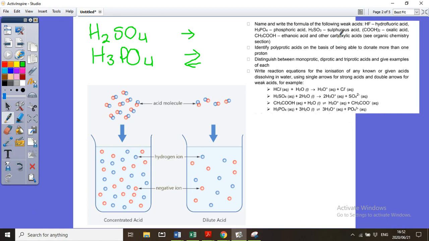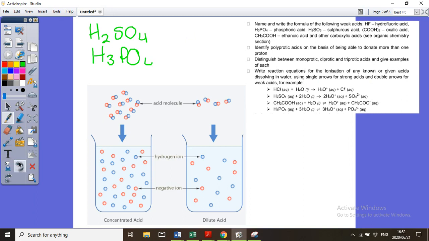They might give you an acid that you've never seen and tell you, on the basis of ionization or the Ka values, which we'll look at now, whether the acid is strong or not. So just read your questions very carefully. If you look at the ionization, here they tell you single arrows for the strong acids and double arrows for the weak acids. That is important for our IEB exam.